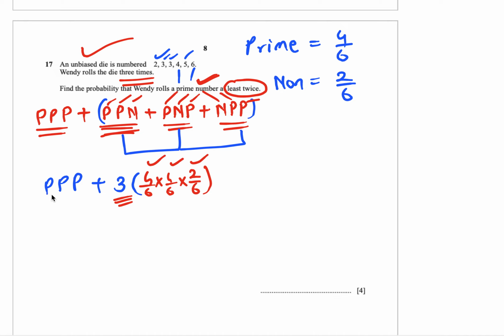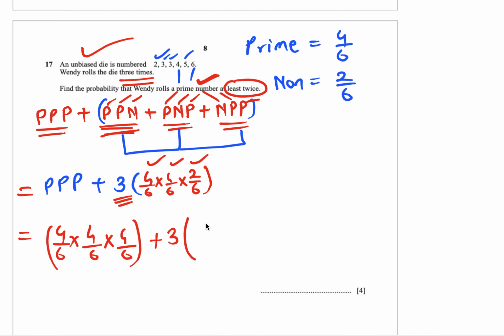And here for prime, prime, prime I can just do 4 by 6, 4 by 6, 4 by 6, and then this 3 times 4 by 6, 4 by 6, 2 by 6.